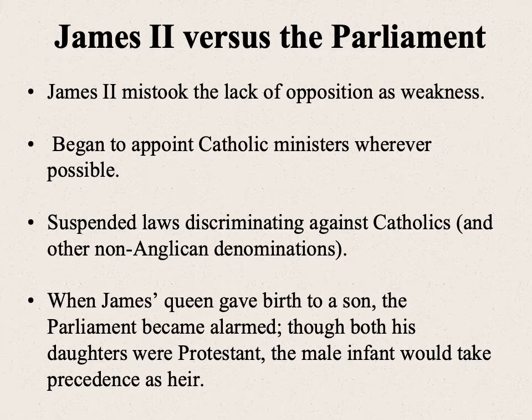She's a strong supporter of the Parliament. She understands how things work. Let's just wait him out. And so for the most part, that is the attitude of the Parliament. But then the unthinkable happens. James's queen gives birth to a son. And that son would now be next in line, and all bets are off. The Parliament becomes incredibly alarmed.